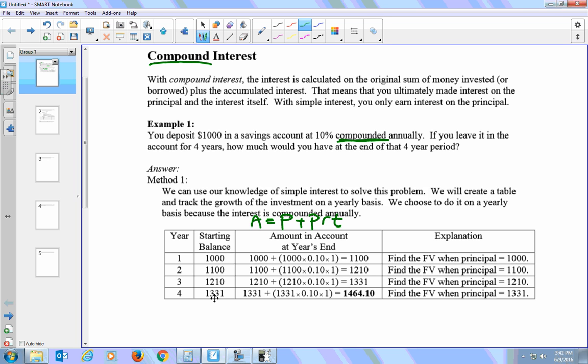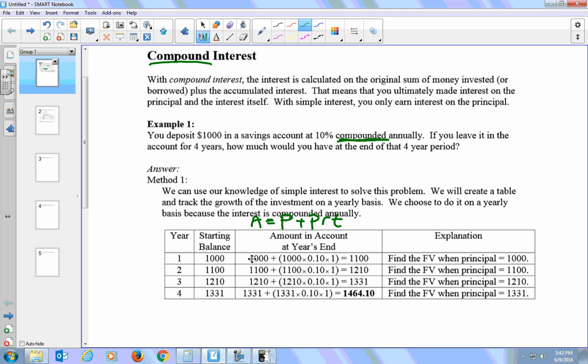And in the next year, we earned $121, going from 1,210 to 1,331. So if you're investing, compound interest is really good, and you can see how it could really cause some problems for you if you're taking a loan.